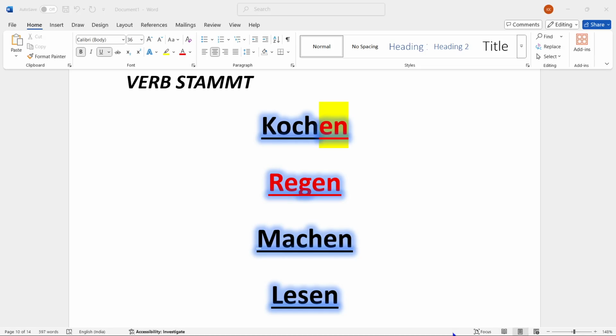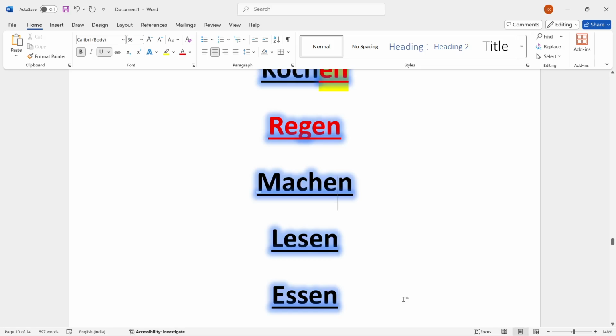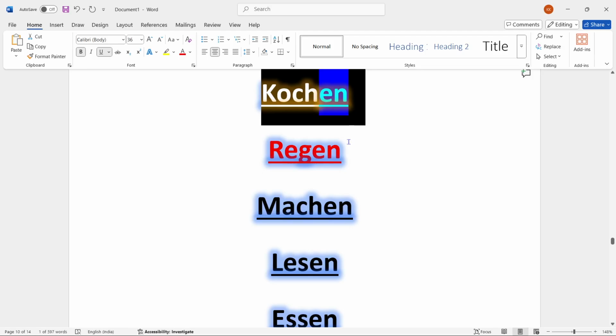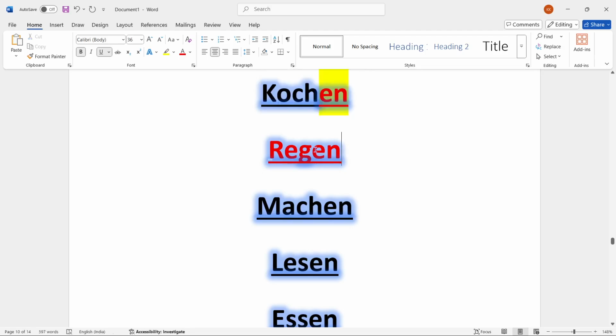Kochen, regnen, machen, lesen. So viele Verben haben wir. So many verbs we have. You can recognize if the verb has an -en at the end, then these all are infinitive verbs.